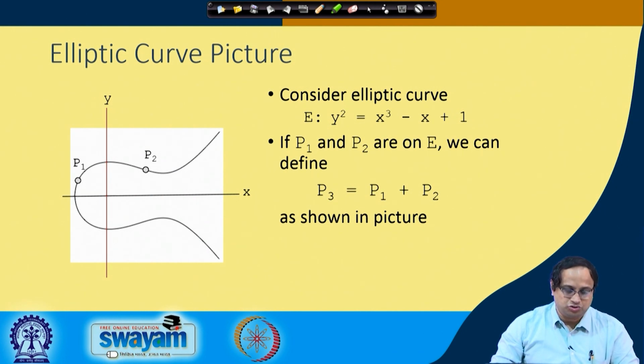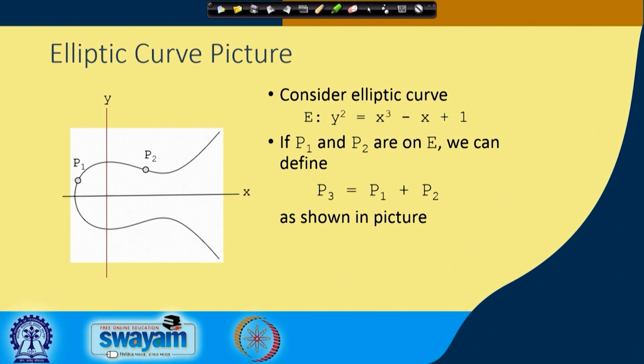The usual way it is done is by drawing a chord through P1 and P2. Remember that since this is a cubic equation in x, this intersects the curve at a third point, and now I take this point and reflect it. If I reflect this point, I get this point which is P3. So this P3 is essentially nothing but the addition of P1 and P2.